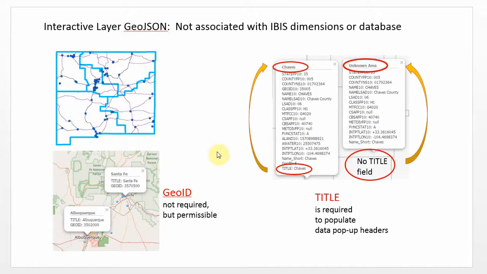For layers that are going to be used as interactive layers, all of the pop-up information is pulled out of the GeoJSON attribute table. A GeoID field is not required, but certainly permissible. Title is required to populate the data pop-up headers. Without a title field, we get a default message.